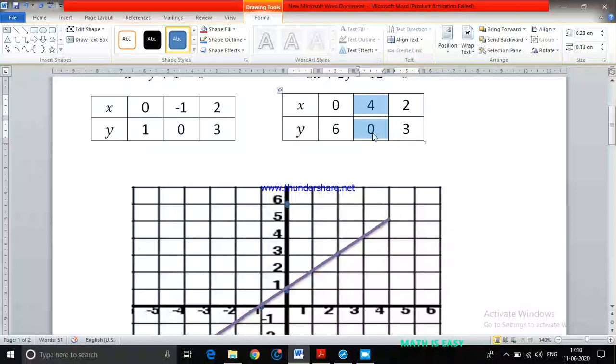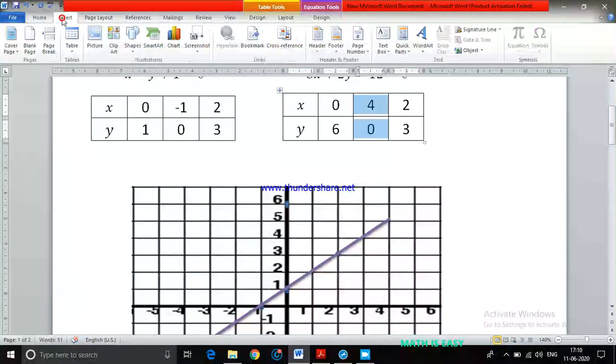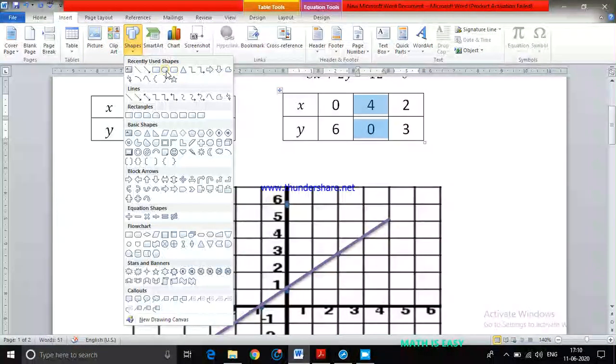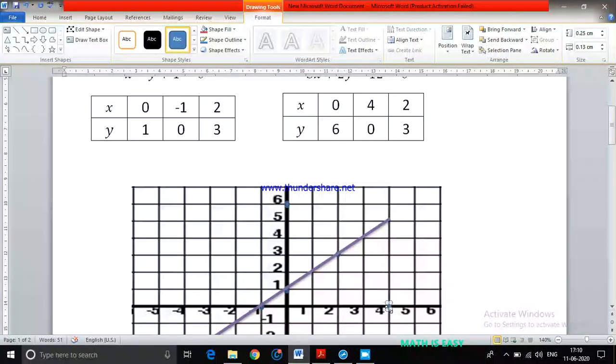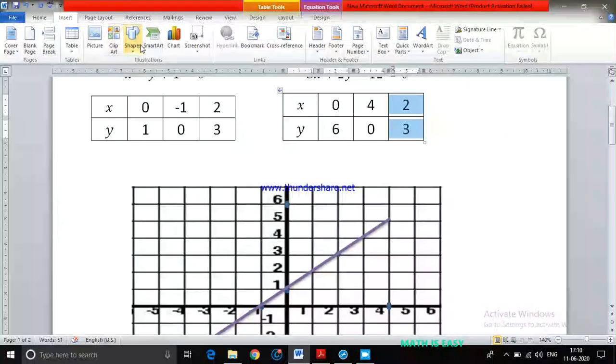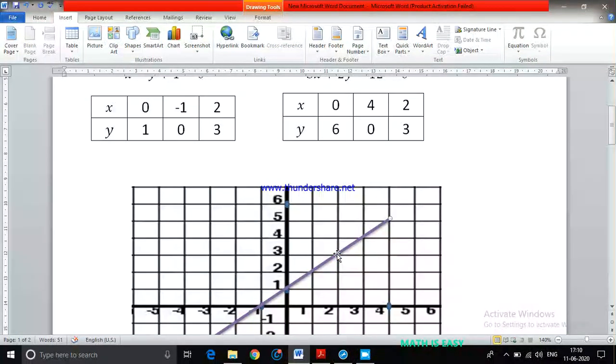Next point is 4, 0. X is 4 and y is 0. Somewhere here the point 4, 0 lies. And the final point is 2, 3. X is 2 and y is 3. I think this is the point 2, 3.